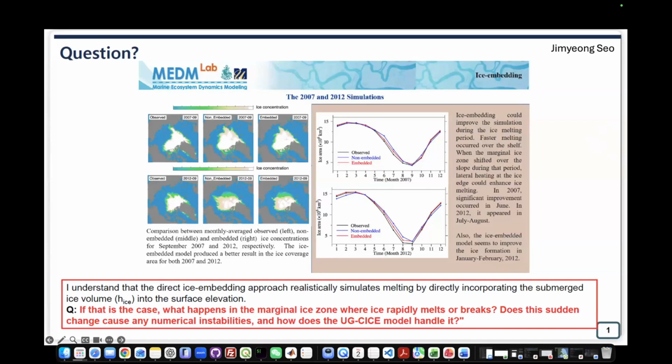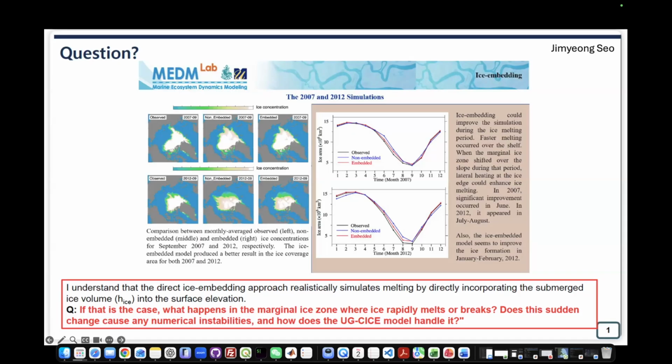Okay. So my question is, I understand that the ice embedding models put the submerged ice volume into surface elevation, but I wonder how this embedding sequence affects the marginal ice flow where ice rapidly melts or breaks.